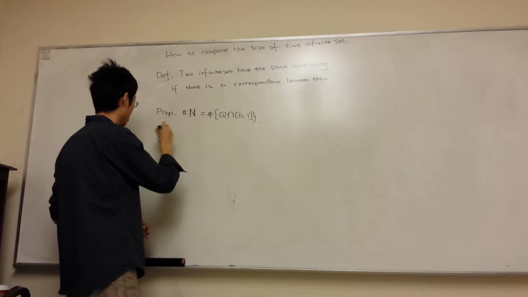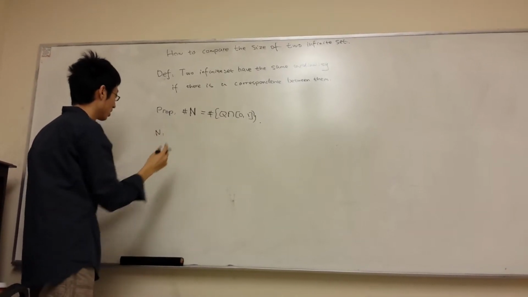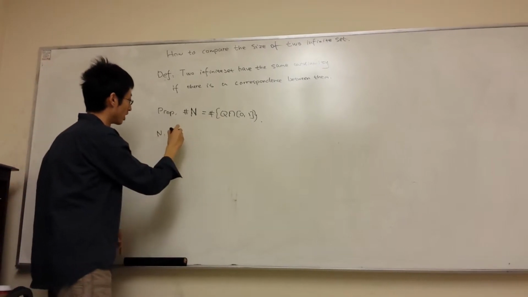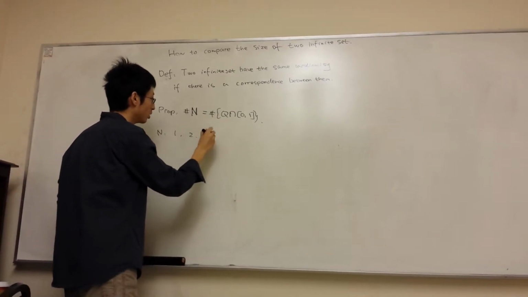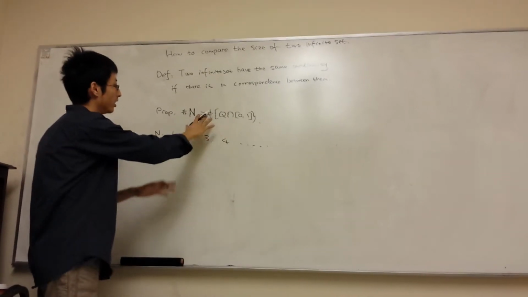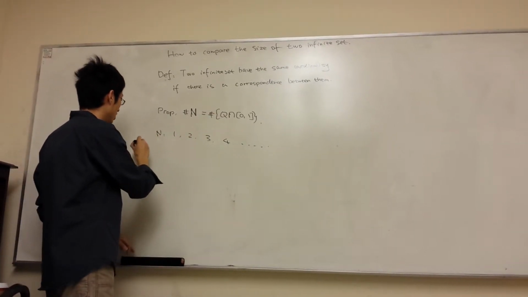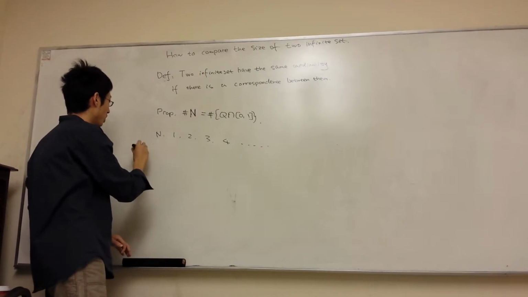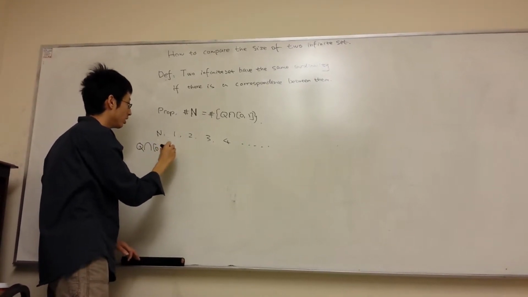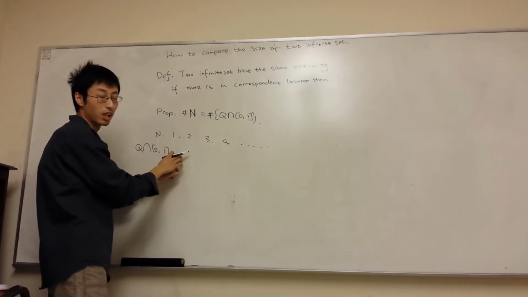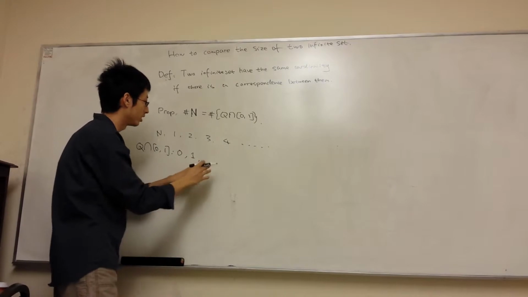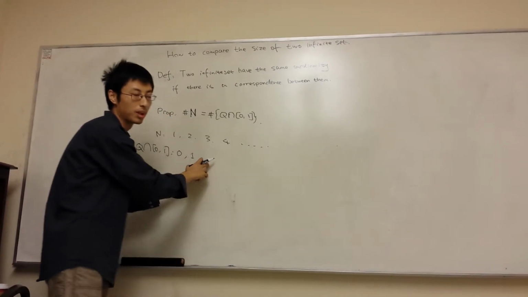In the natural numbers, we have 1, 2, 3, 4, and in the rational numbers intersected with [0, 1], we say the first element is 0, the second element is 1, and what about the third?